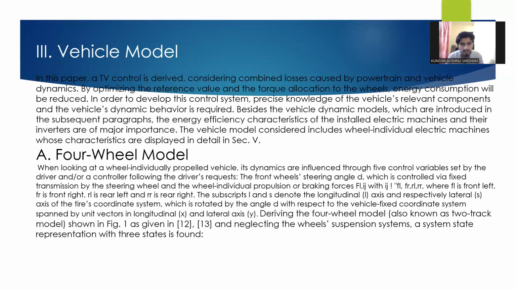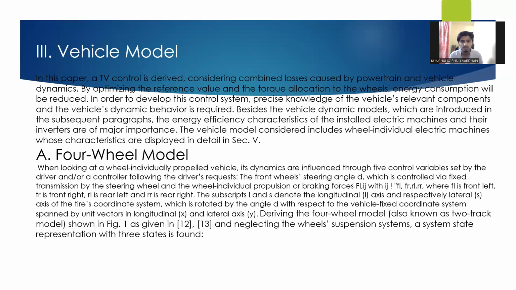Thus, the subscripts L and S denote the longitudinal axis and respectively lateral axis of the tire coordinate system, which is rotated by the angle δ with respect to the vehicle fixed coordinate system, spanned by unit vectors and longitudinal and lateral velocity.